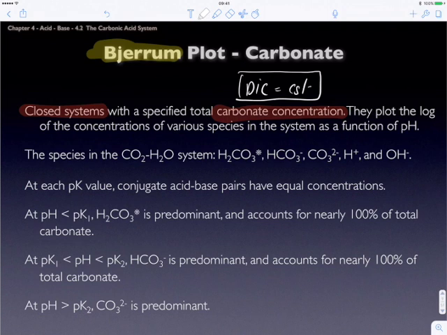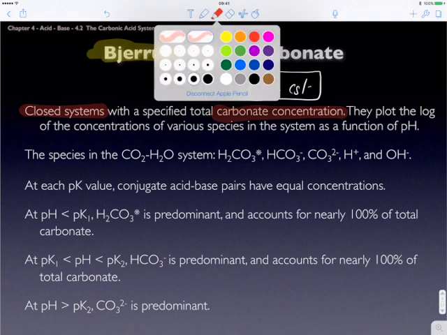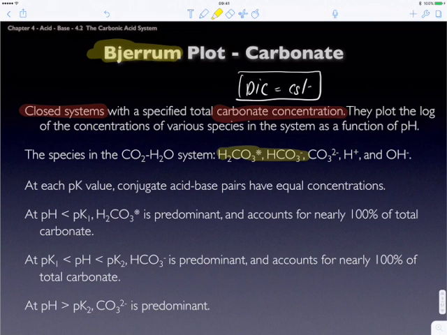But now we're focusing on the closed system. In the closed system, the known species are the carbonic acid, the bicarbonate, the carbonate, the proton, the H+, and the hydroxide ion. What we're going to use is what you just calculated before.